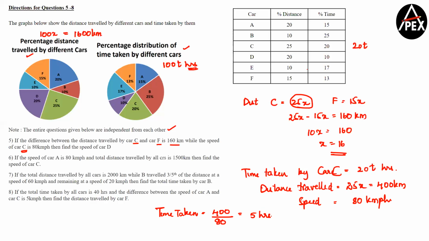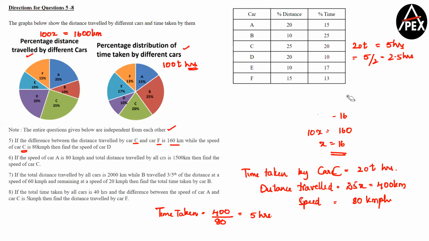Now we got 20t is equal to 5 hours. Then what will be 10t? 10t will be 5 by 2, 2.5 hours. So the time taken by car D is 2.5 hours.